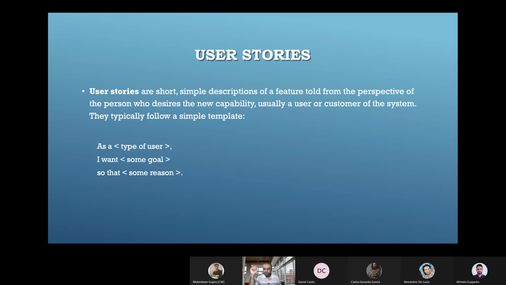They are not technical persons, which means you are not going to get a story like, go update that database, put it into this table, write this code. No, those technical details are not there.